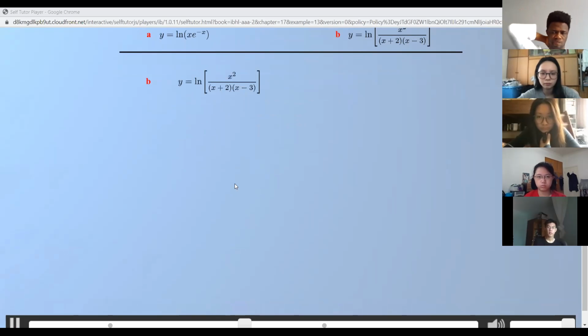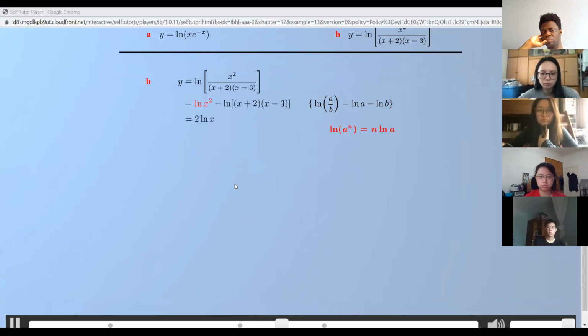In part B, we expand y using the logarithm law for a quotient. The first term is now the logarithm of a power, and the second term is the logarithm of a product. We use brackets to ensure that both terms in the expansion are subtracted. We can now find the derivative term by term. The first term is a constant times ln x, so its derivative is the constant over x.